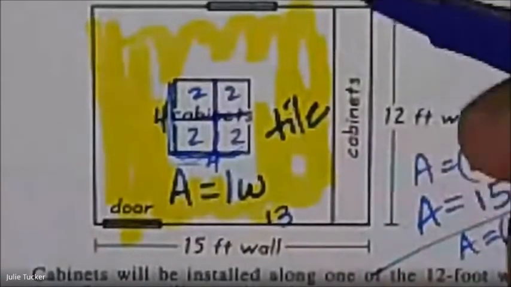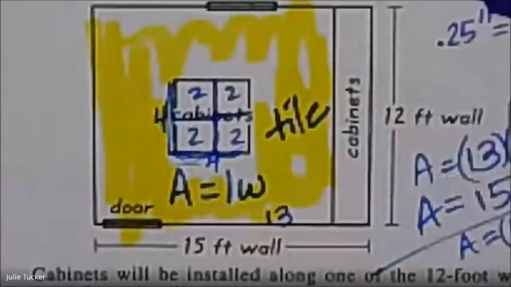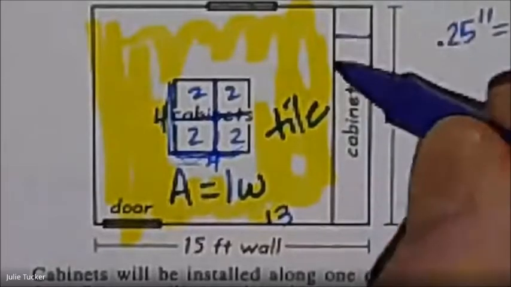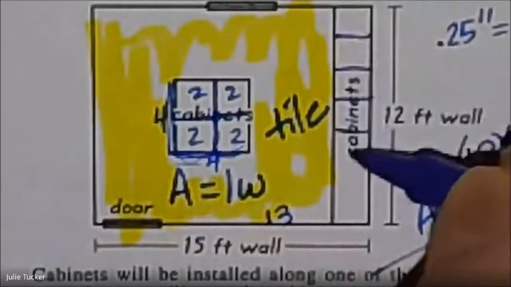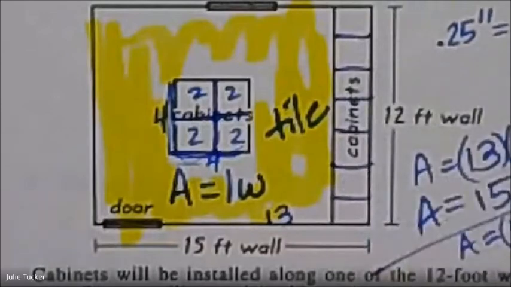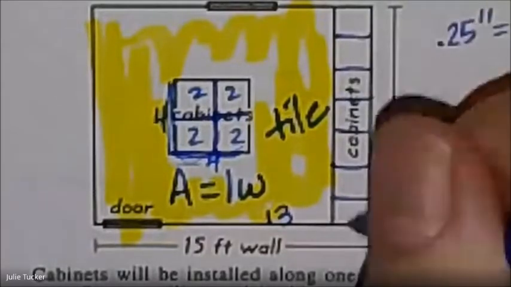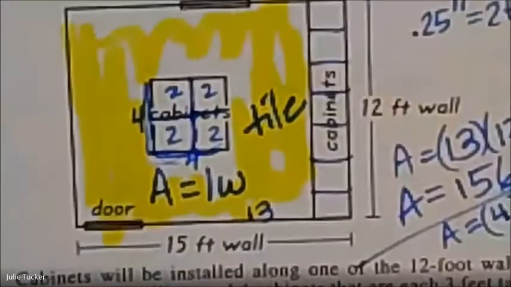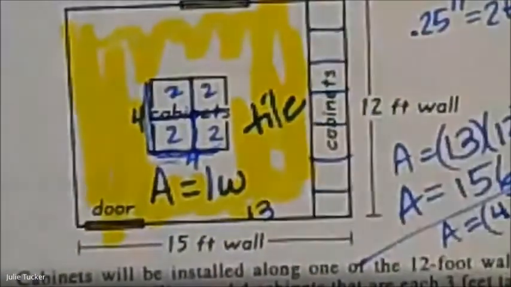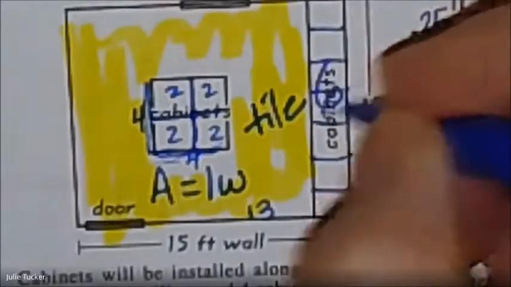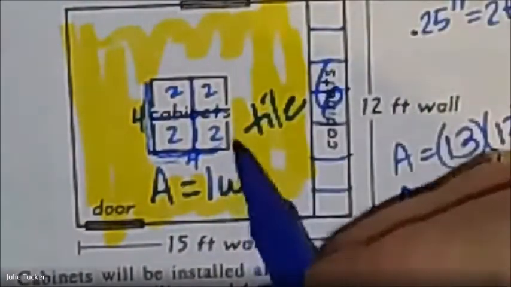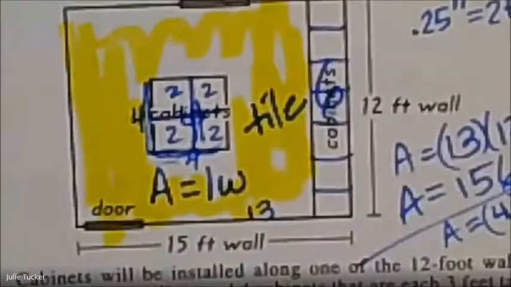Then how many of the 2-foot cabinets are on a 12-foot wall? How many 2-foots are going to fit in there? Oh, I drew too many lines. Don't count my lines. Don't you just have to do 12 divided by 2? Yeah. Okay, so you have 6 cabinets along this wall, and you have 4 cabinets inside of here. So she's getting 10 cabinets.